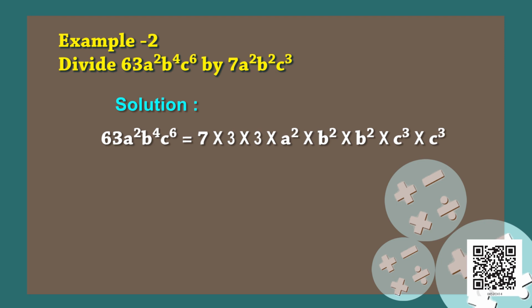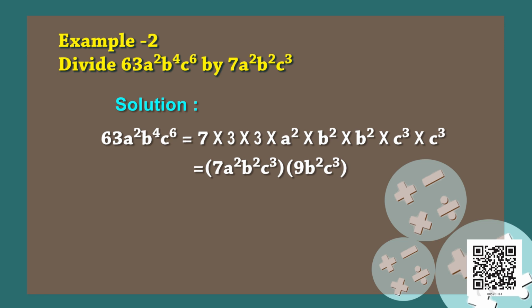Therefore, let us take 7 a square b square c cube as one group, then we get 7 a square b square c cube into the remaining product, which is 9 b square c cube.